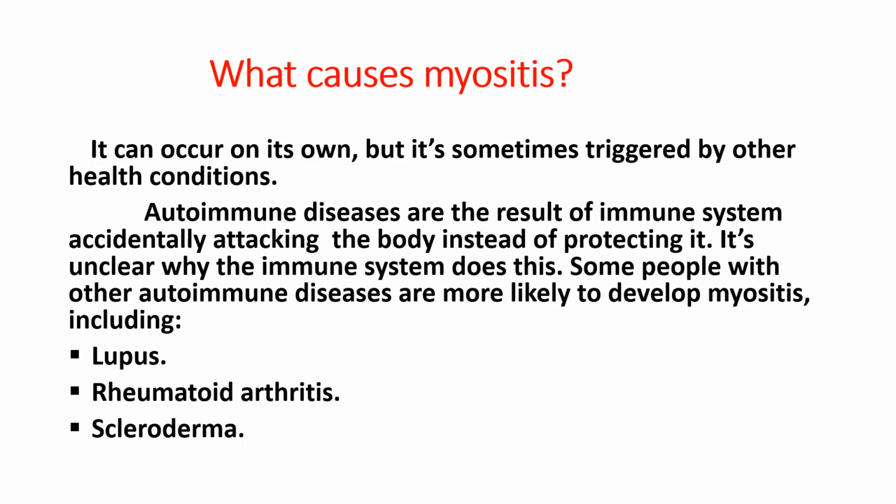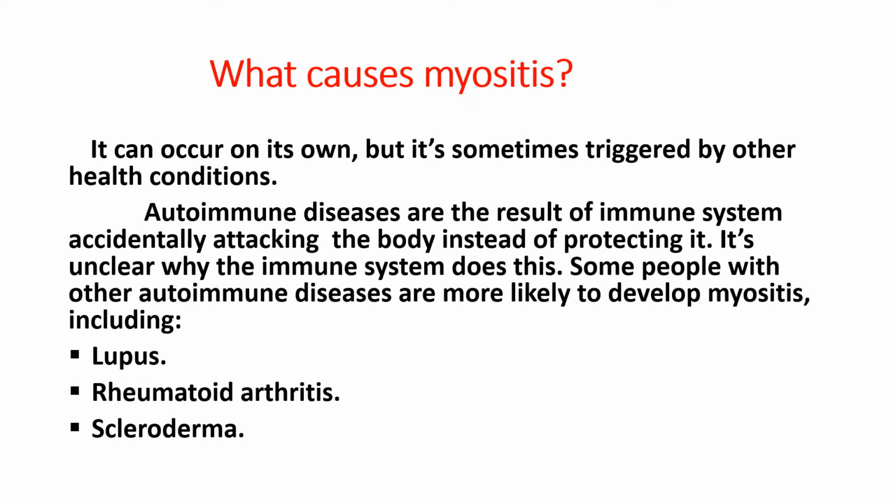What causes myositis? There is no exact cause, and it can occur on its own. Some conditions may trigger it, that is autoimmune diseases or the result of the immune system acting accidentally. The person's own immune system attacks their own body instead of protecting it, and we are not aware why it's happening.